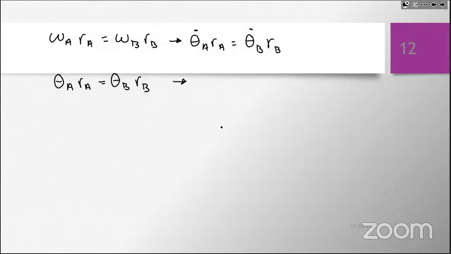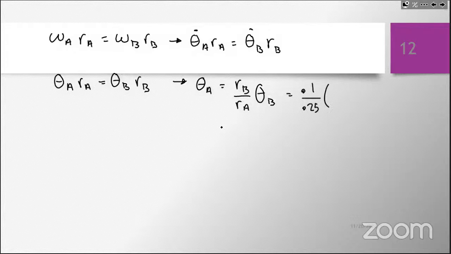Theta A is therefore equal to R_B over R_A times theta B. We can use the gear ratio again, 0.1 over 0.25.